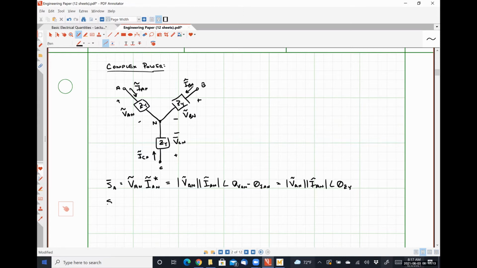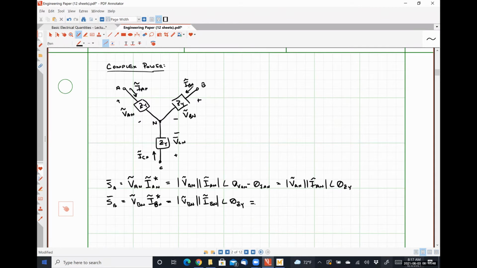For the B phase of my load, I'll have VBN times IBN conjugate, which would be the magnitude of VBN times the magnitude of IBN times angle theta ZY again.